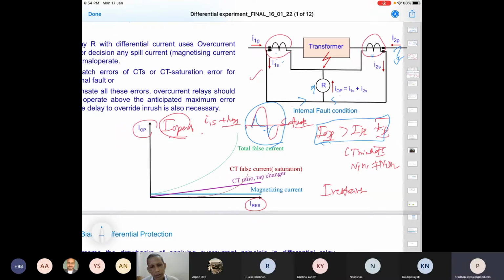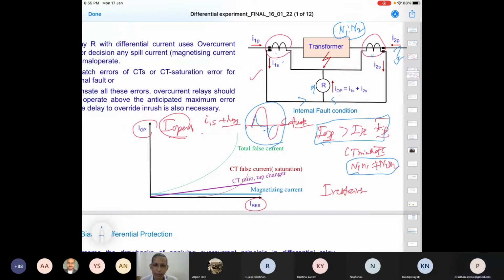What do you mean by tap changing transformer? In a tap changing transformer, the N1 to N2 ratio changes automatically. On-load tap changing transformer, under-load tap changing transformer, there are different names. So if the tap changing transformer is functioning, then N1 equals N2 is no more valid.